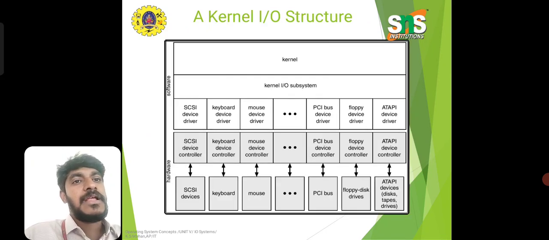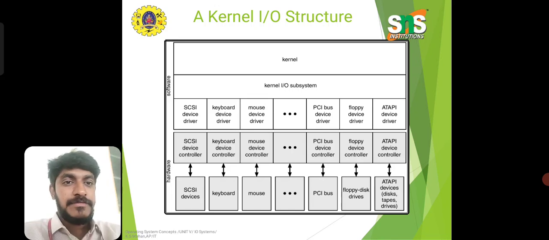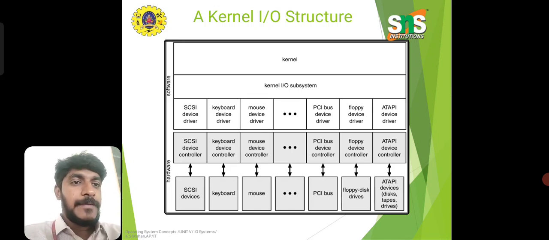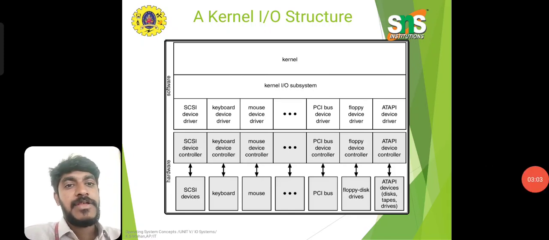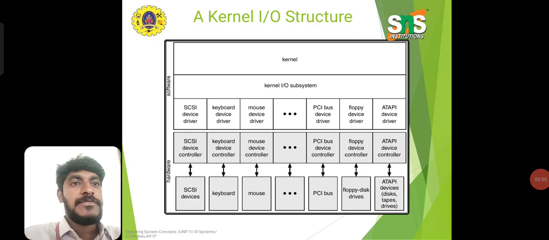Then the kernel I/O structure: we have the kernel I/O subsystem. It has the SCSI device driver, keyboard device driver, mouse device driver, PCI bus driver, floppy device driver, and ATAPI device driver. The kernel structure is connected with these devices: keyboard, mouse, PCI bus, floppy disk, ATAPI, and others. So we have hardware and software connected with the kernel.